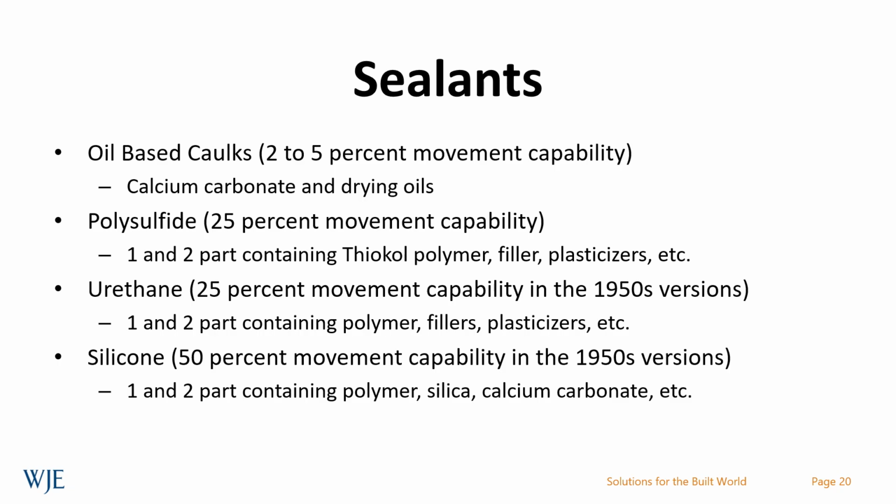During the war, polysulfides were developed which had greater movement capabilities, but over time those became more brittle and were not functioning properly. Then there was the development of urethanes as well as silicones, urethanes being plastic, which had 25% movement capabilities and had a more limited service life than the silicones, which had greater movement capabilities, lasted much longer, but also had ramifications in terms of staining of porous masonry material.